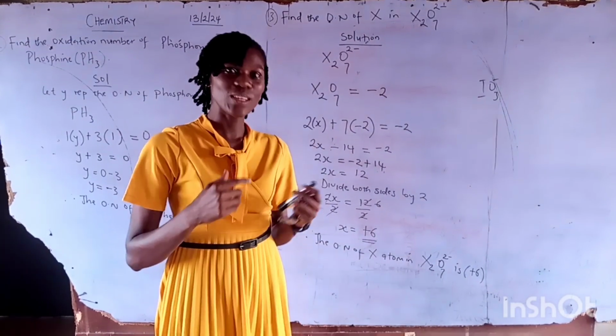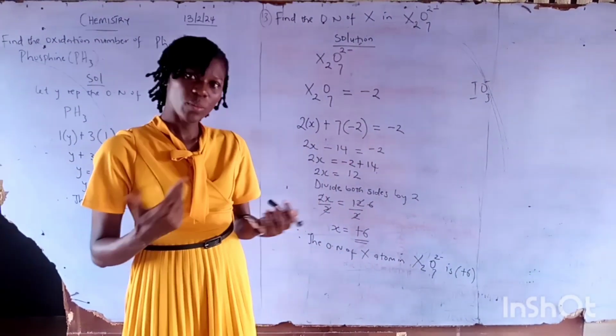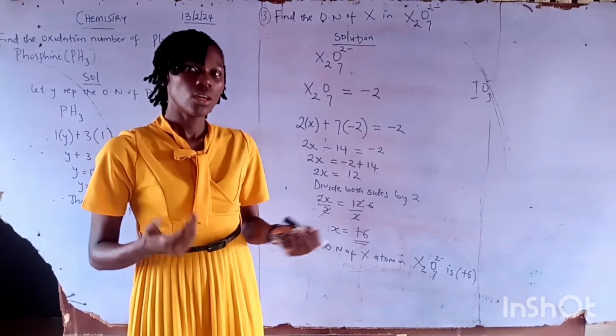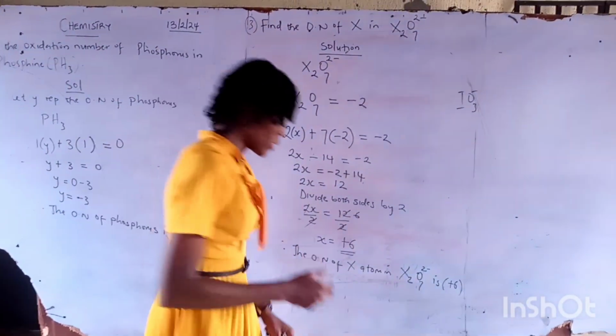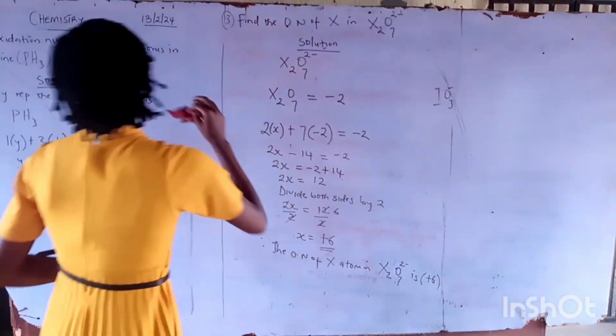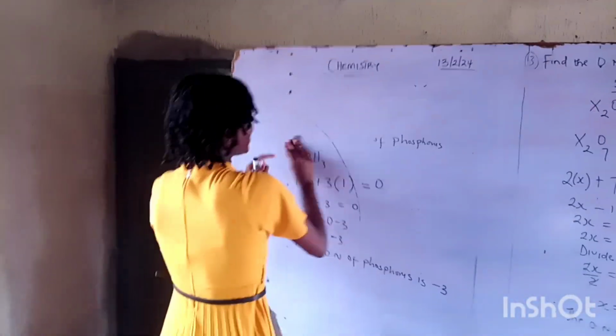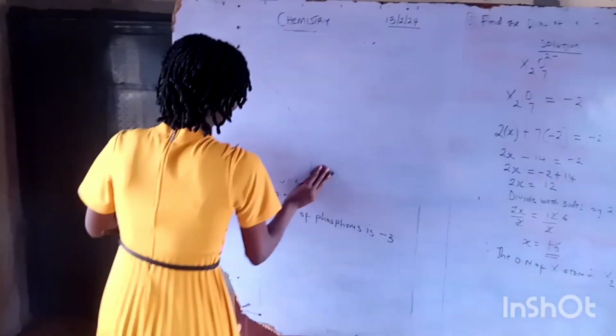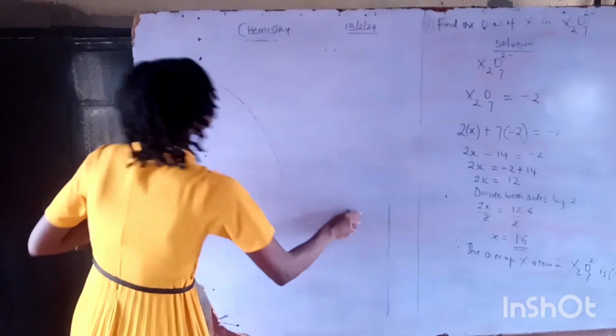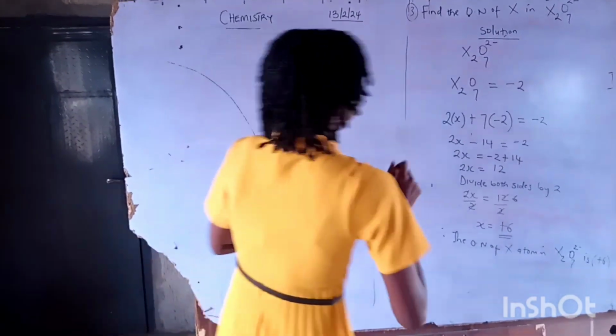You send your answers to me in the comment section, and maybe you can private chat me as well to send your answers. Let me give you the question, and that is this. Please try it, just try it, so you know how better you are.